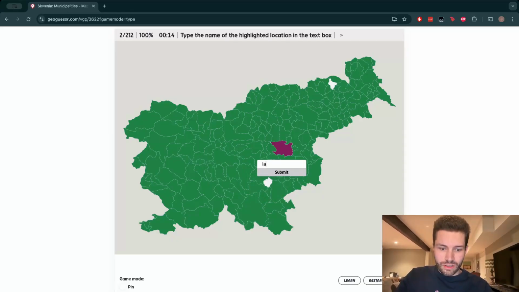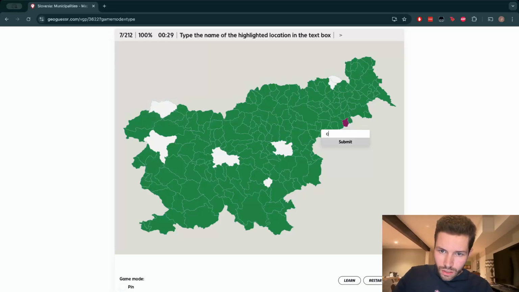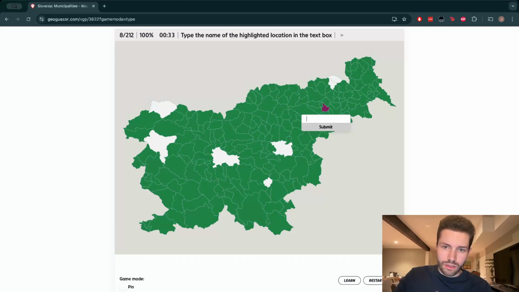Oh my goodness. Lashko, Ljubljana, it's an easy one. Apache, Tolmin. That is Gorni. No, it's not. It's Kranjska Gora. Circulane. That guy is called Brain, Starshe.